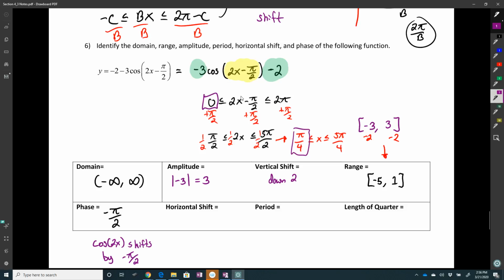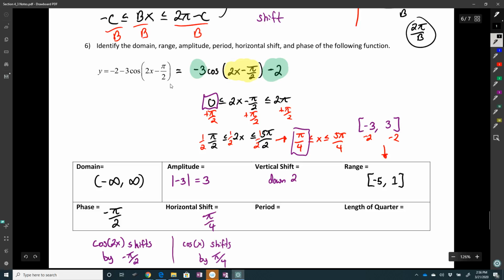So my horizontal shift is pi over 4, and that's the shift of cosine of x. So that's the idea between phase and horizontal shift.